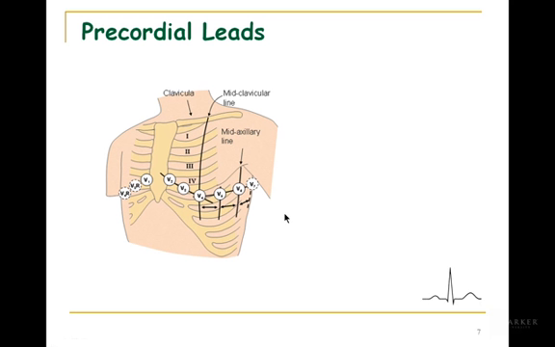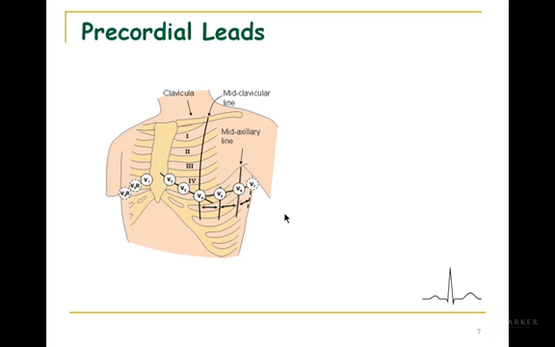So we will be discussing the chest leads. Although we will not do them in lab, it's going to be important to understand where those chest leads are placed and what they're used to evaluate when we look at abnormal EKGs. So when we look at the 12-lead ECG system, they call them 12 leads because you've got 12 different views of the heart.